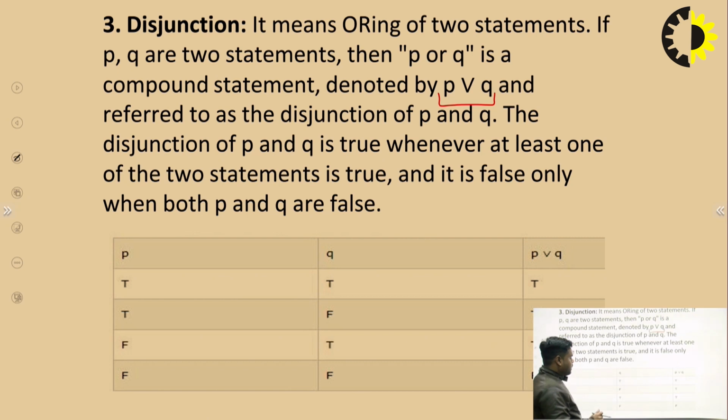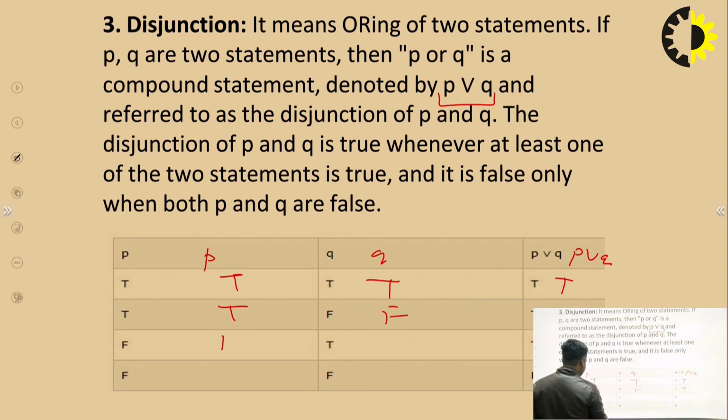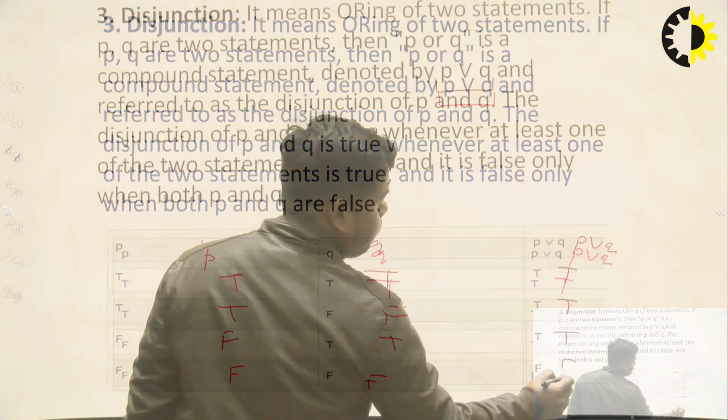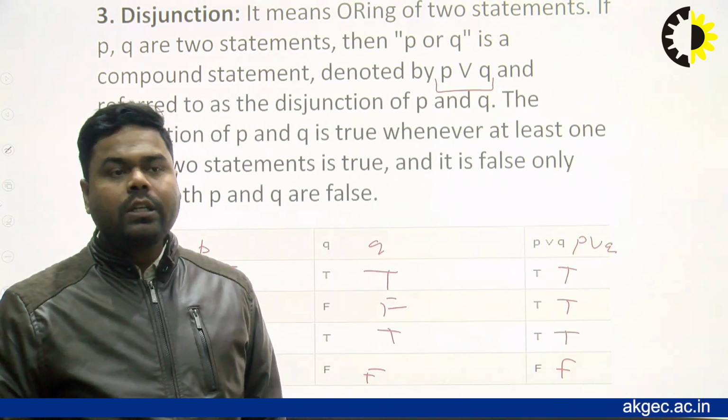Like this, P, Q, P or Q: true, true, true; true, false, true; false, true, true; false, false, false. Here it would be false only when both statements are false. So this is the disjunction.